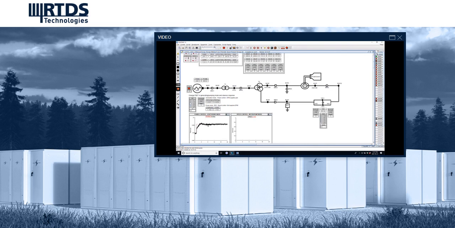The power control is able to set the new power reference set points in generation mode.